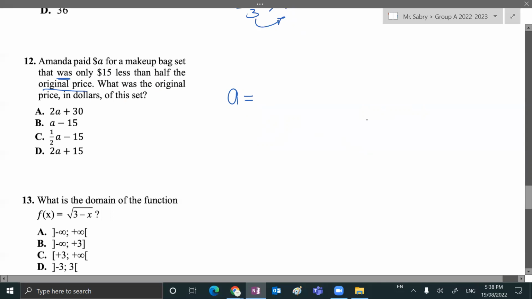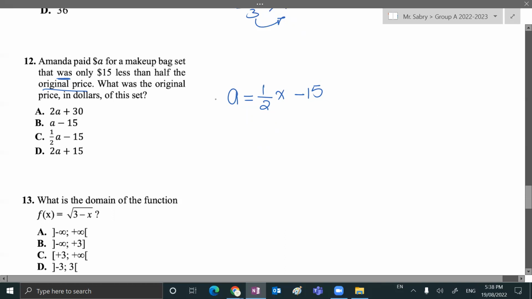So 15 less than something means something minus 15. What is that something? Half the original price. The half is always out of something. Half of what? Half the original price, which I don't know. So I'll put it as X. I don't know what its value is. So now A, the price she paid, is equal to 15 less than half the original price.